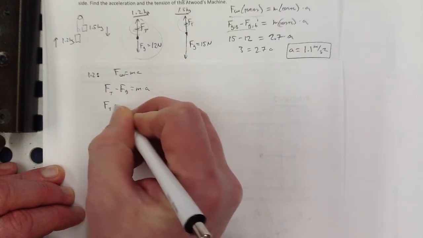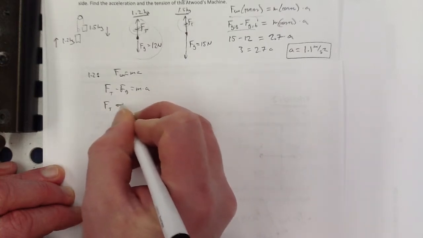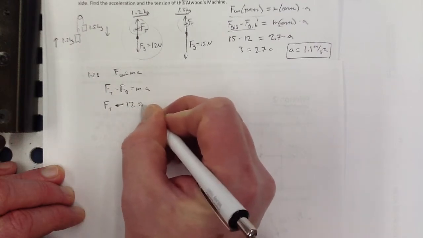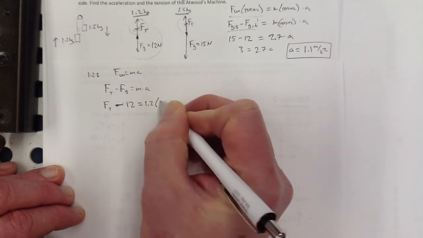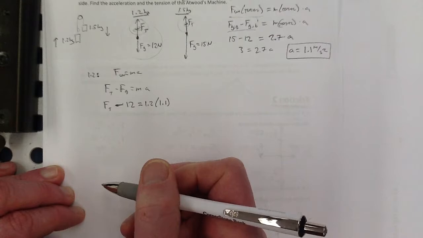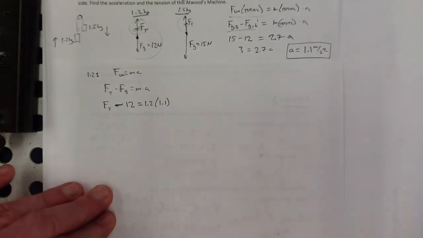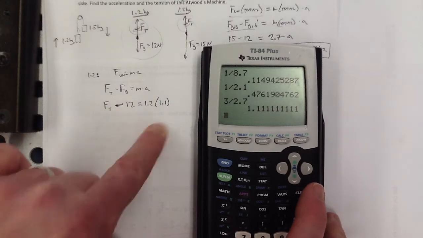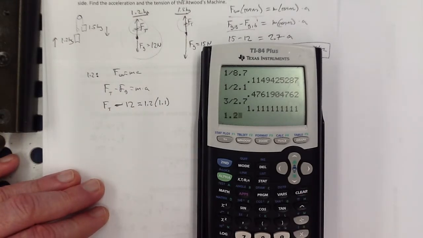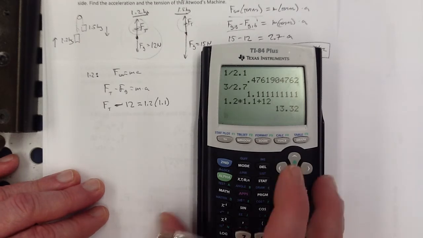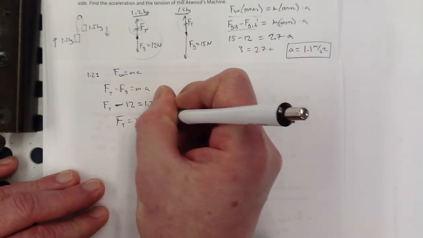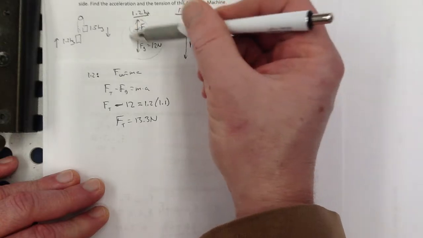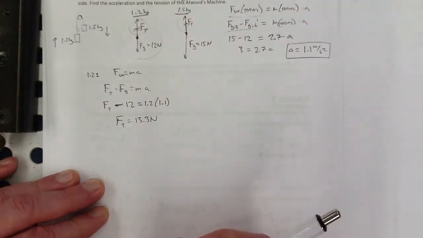Force of tension minus force of gravity is equal to mass times acceleration. So 1.2 times 1.1, and then I'll have to add the 12 over. 1.2 times 1.1, and add the 12. So about 13.3. And that makes sense. It's supposed to be winning, right? It's supposed to be beating that.